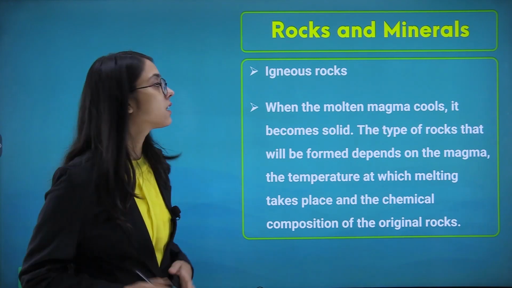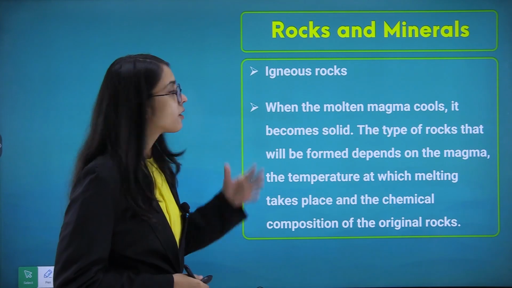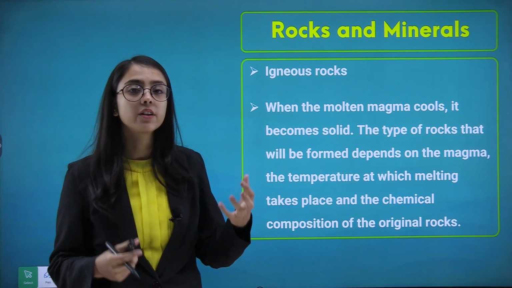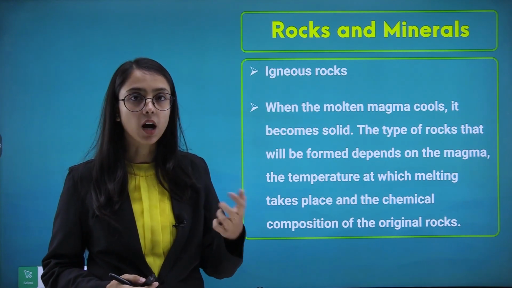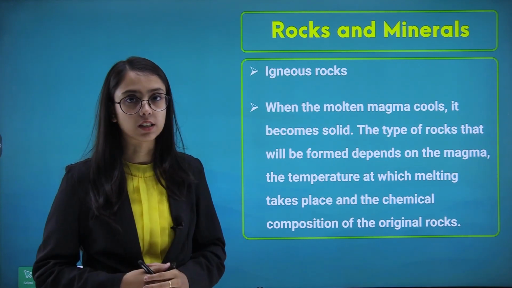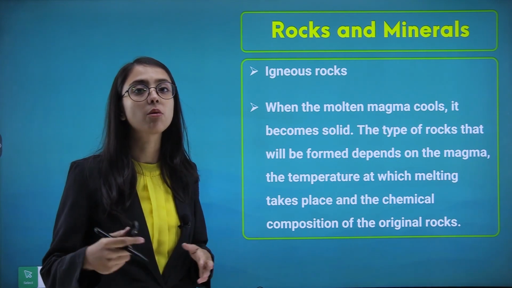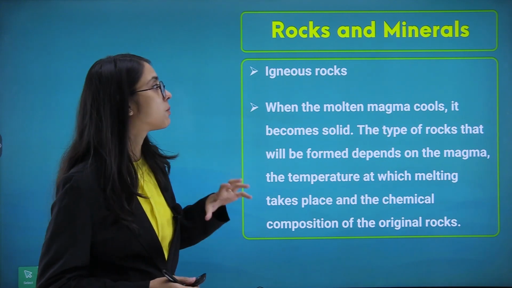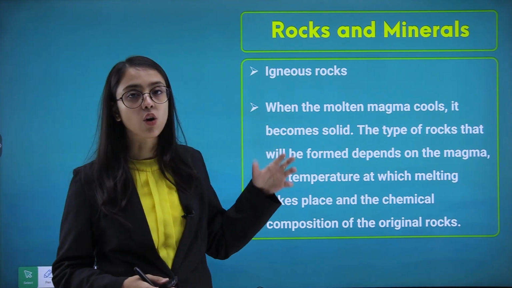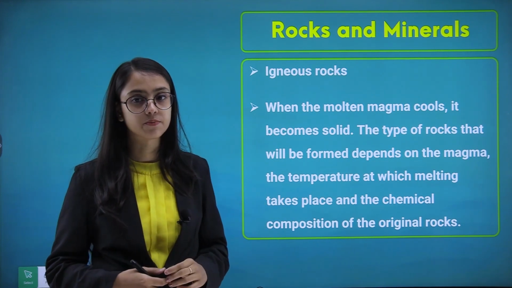Now, igneous rocks. The word igneous comes from fire. When a volcano erupts, molten magma comes out, and when that molten magma cools down, it becomes solid. Once it solidifies, it takes the form of rocks, and these types of rocks which are formed by solidification or cooling of magma are known as igneous rocks.